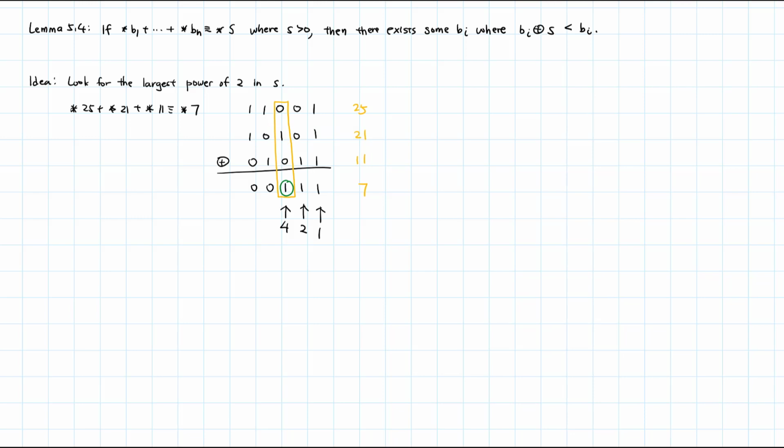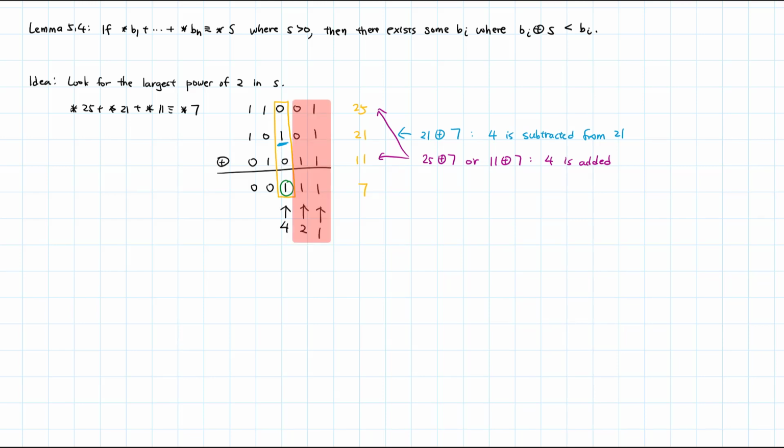Now let's look at what happens when we add 7 to each of these three numbers. When we add 7 to 21, we see that the entry at 4 would disappear. So 4 is subtracted from 21. On the other hand, for 25 and 11, 4 is not part of the expansion, so 4 is added when we add the 7.